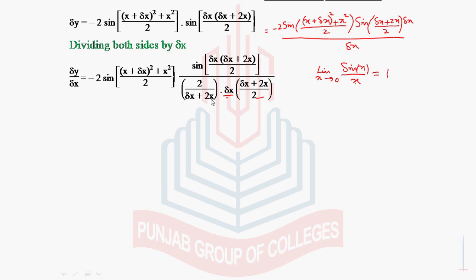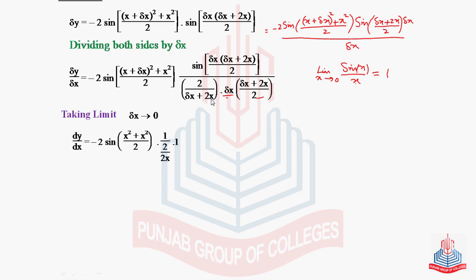Taking limit delta x approaches to 0, this will become dy by dx, and on the right hand side minus 2 sine, this delta x will be 0, so we have x square plus x square divided by 2, and on the right hand side we have actually the formula like this one. Limit will apply only on this part, and by using this formula it will be equal to 1, and the remaining thing is 1 over 2, which is this one, and this delta x will be 0.